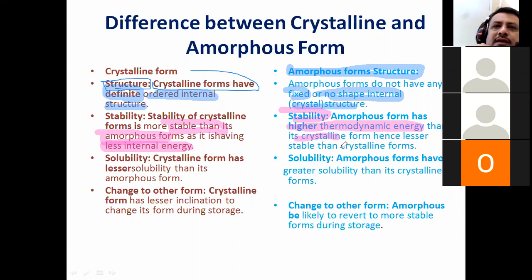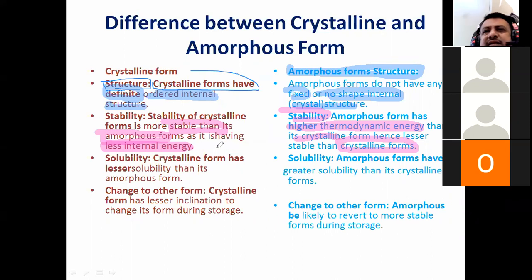So in terms of stability, crystalline forms have more stability than amorphous form because they have less internal energy with respect to the thermodynamics of the drug, and amorphous forms have less stability as they have higher thermodynamic energy.